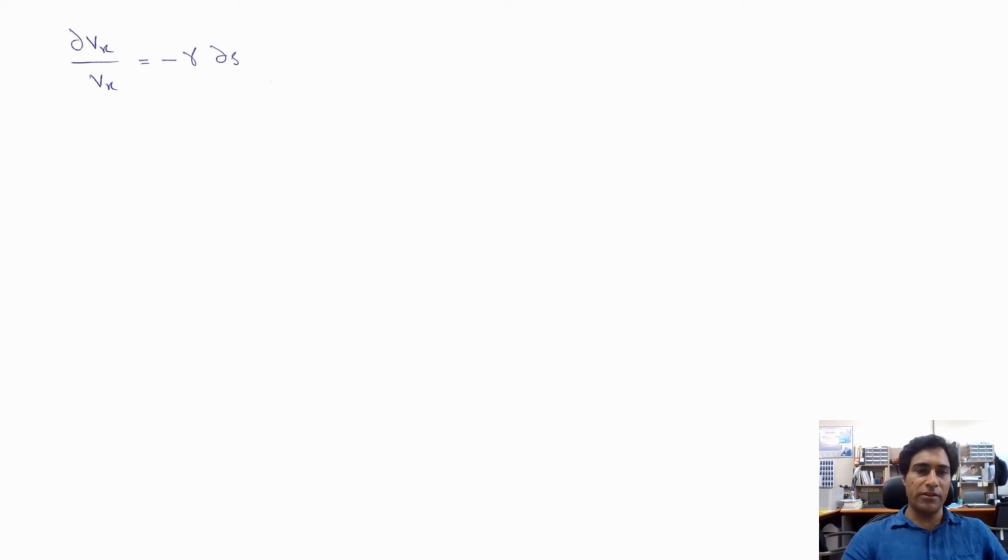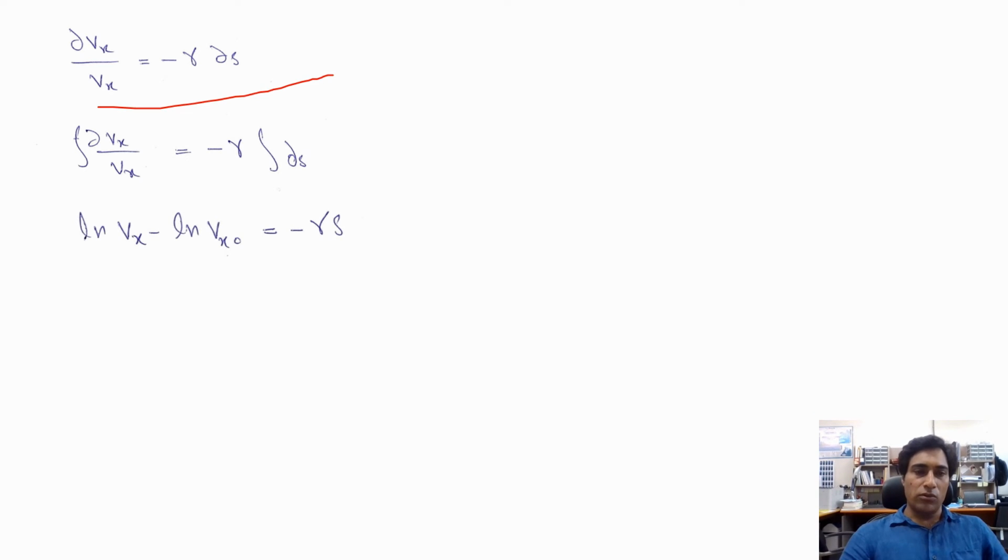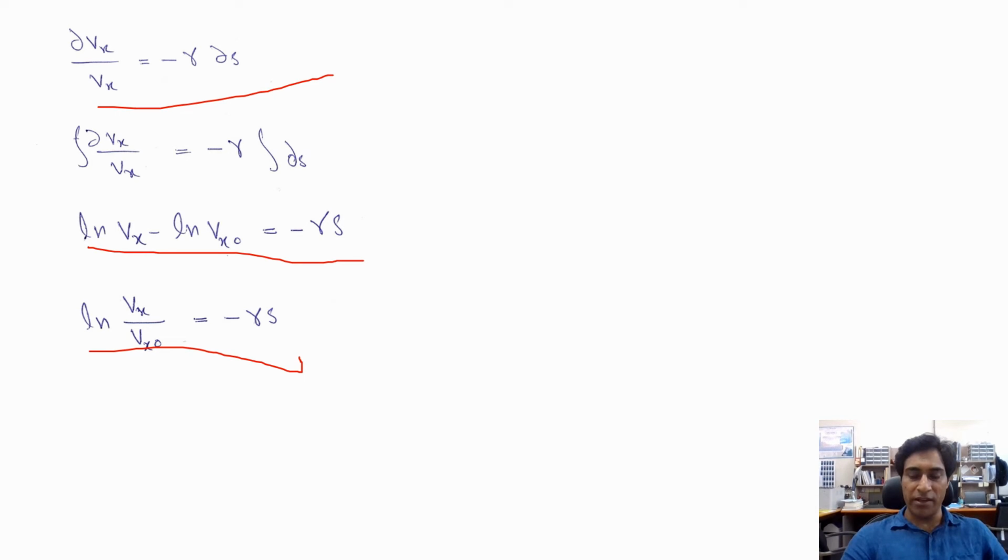We will integrate this equation to get our result. After integration we will get log of vx minus log of vx naught equal to minus gamma s. We can write this equation in this form: log of vx over vx naught is equal to minus gamma s.